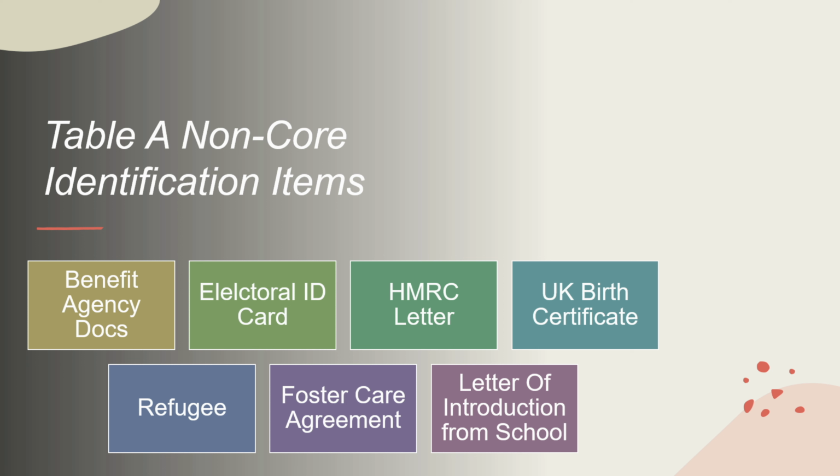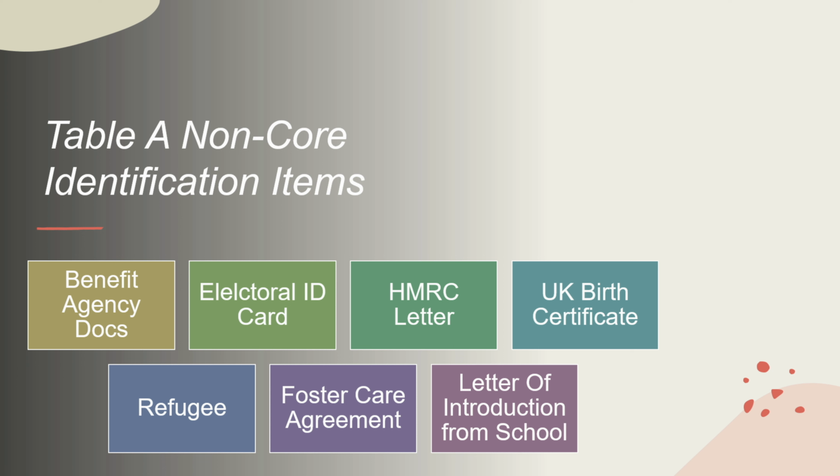If you're a refugee, you have a document or an agreement, and you can give that to the bank. There's also a foster care agreement, and a letter of introduction from school. If you're still in school, you can get one of the teachers or the principal to write a letter of introduction. Basically they're vouching for you, and you can also use that.